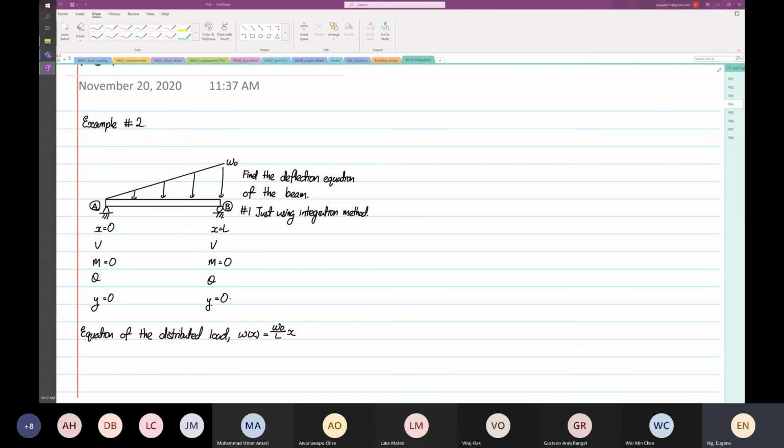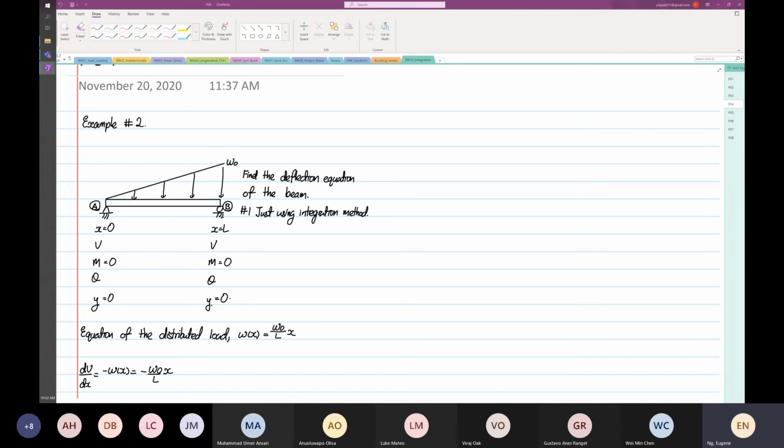Then we apply dV by dx is equal to minus omega as a function of x, so it's equal to minus omega naught over L times x. Then we integrate.